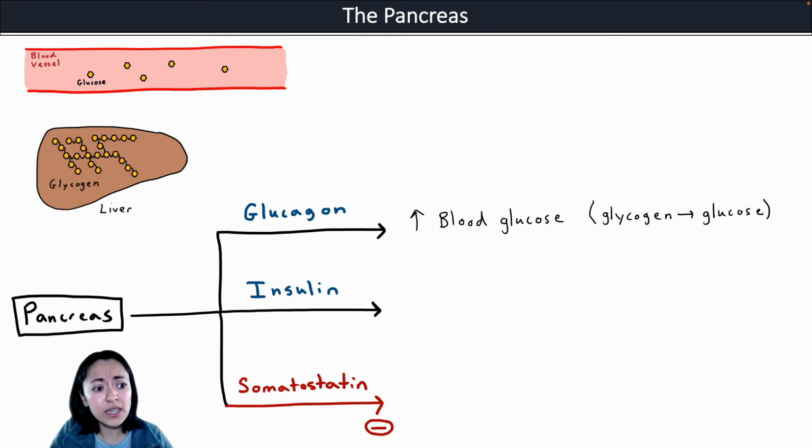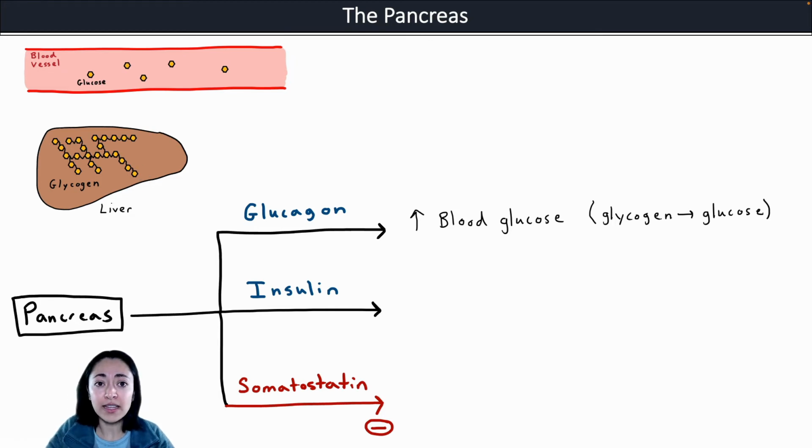And glycogen is mostly stored in our liver, but it's stored in other tissues in our body as well. But glycogen is pretty much just a large carbohydrate that consists of a bunch of glucose molecules linked together. Okay, so glycogen is just a storage molecule for glucose.